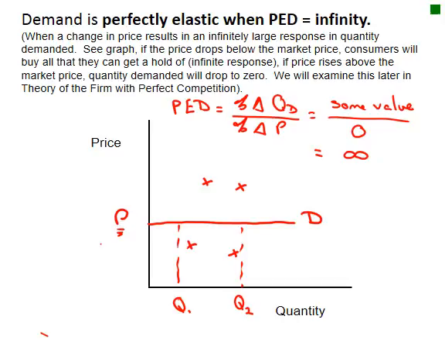Now if you put a value in your calculator and you get closer and closer and closer to zero when you're dividing, you will see that the number gets larger and larger and larger. So this is why they're saying it's infinity. So some value over zero, some mathematicians say infinity, some mathematicians say it's not defined, but for the sake of economics, we refer to the example that it's infinity.